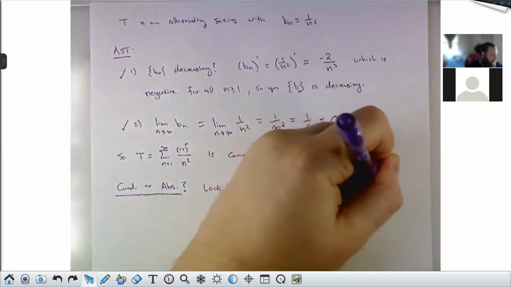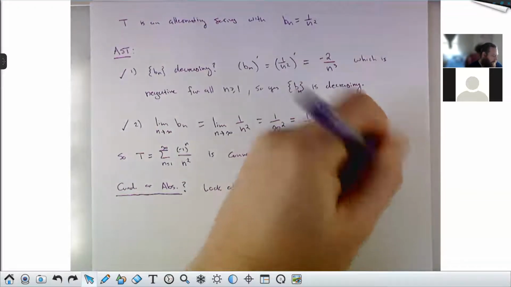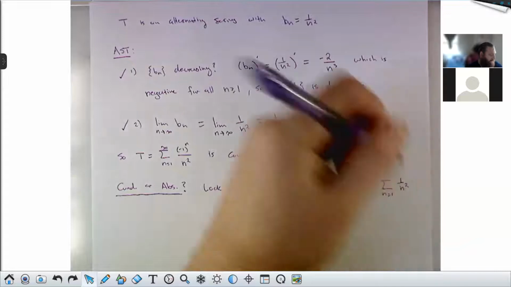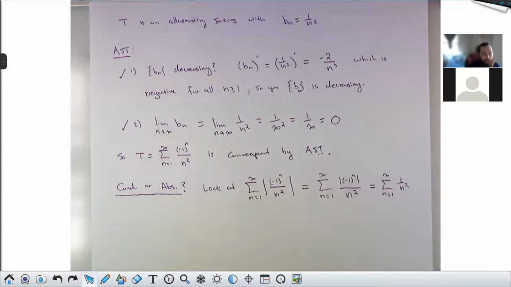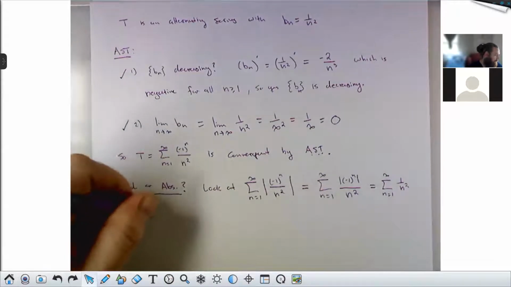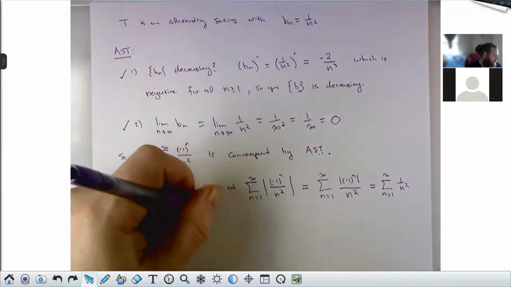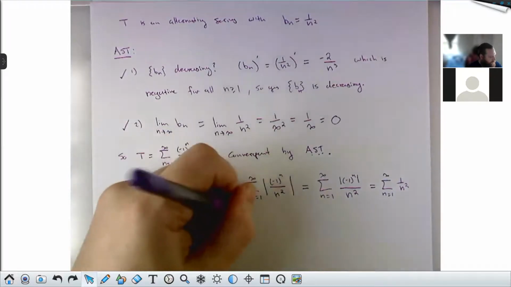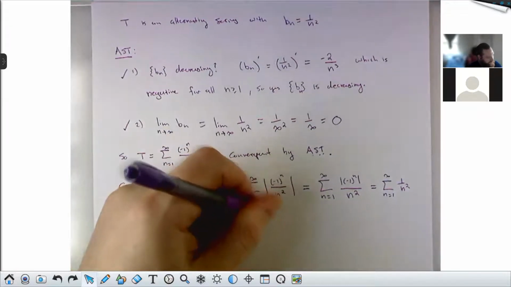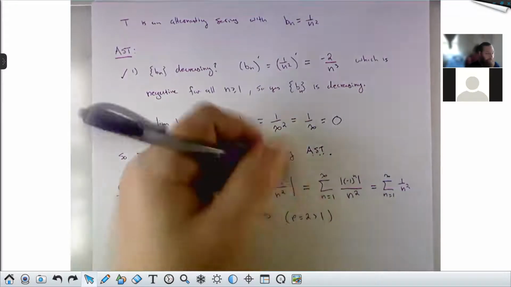Upstairs, the absolute value of -1 to the n is still 1. So this is 1 over n squared, which is a convergent p-series. Here, p is equal to 2, which is strictly bigger than 1.